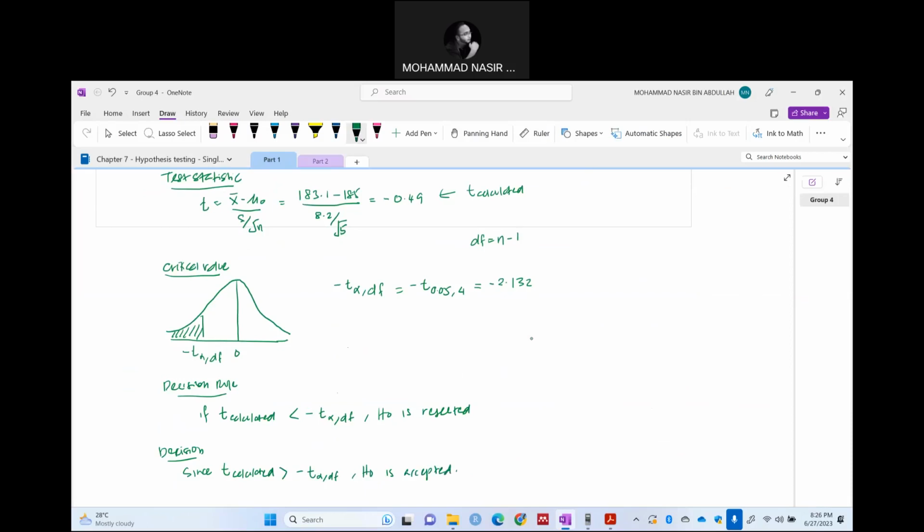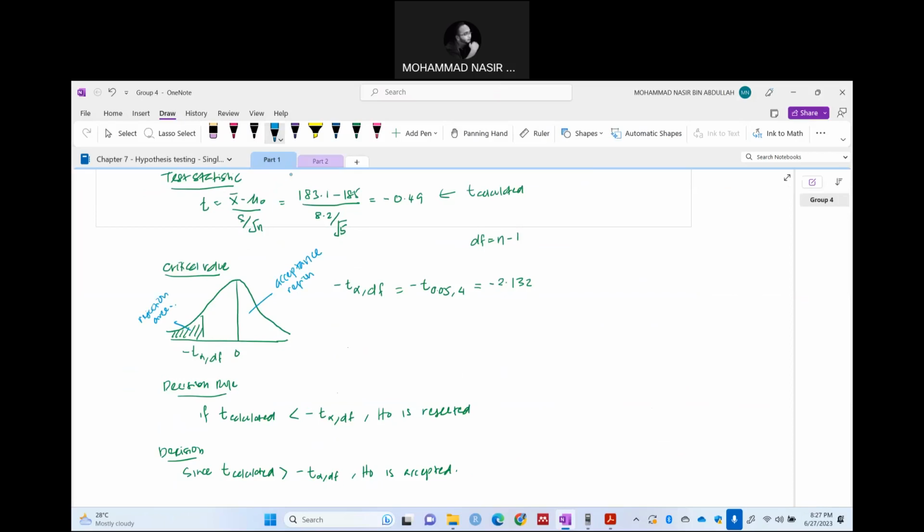Right? So our T calculated is negative 0.49, should be somewhere here. This is negative 2.132. Right? So our T calculated lies inside the acceptance region. This is still the same as previous. This is the acceptance region. This is the rejection area.